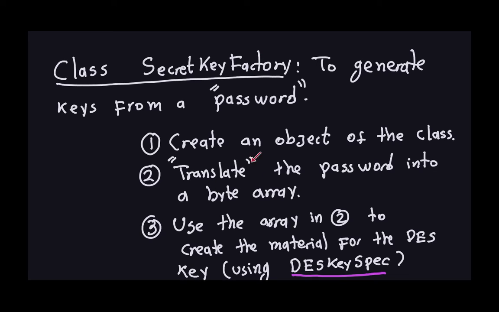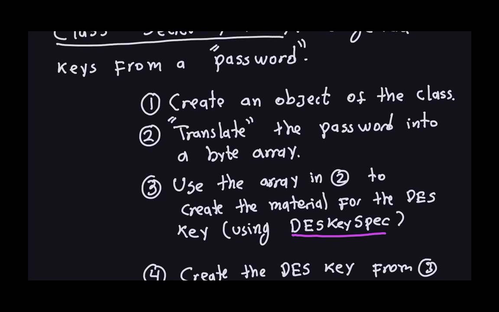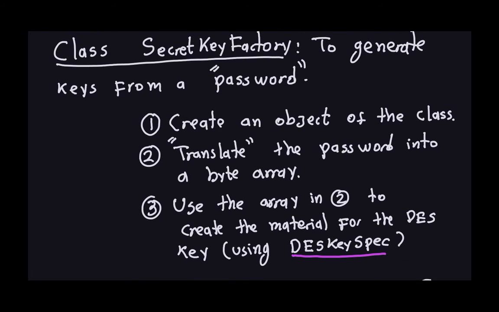It's not going to take the exact string of characters. So these steps, steps 2 and 3, which I'll explain number 3 in a second, are to take that password and put it in a format so we can create the DES key.